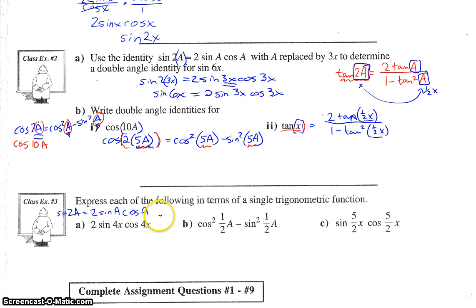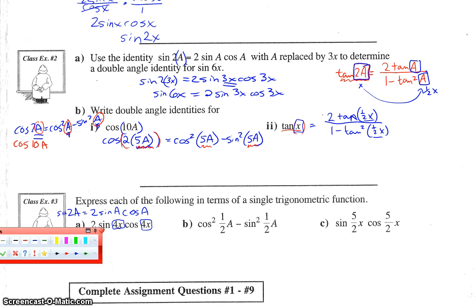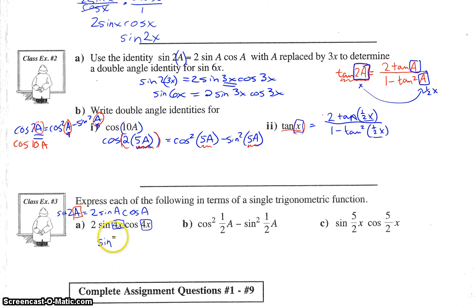So really what we're saying here is instead of a, we've got 4x. So instead of a in our original identity, we're going to put in 4x. So this would be equivalent to the sine of 2 times 4x. And just simplifying that a little bit, that would equal the sine of 8x.